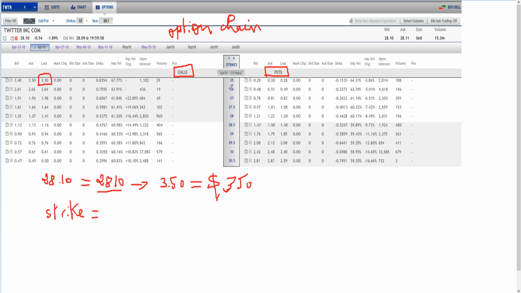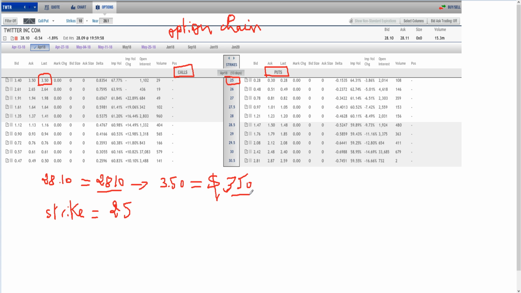Strike means the price from which you begin to buy Twitter. Here, let's begin with an example: $25. This is the strike. It means as if you bought it in the past at $25.